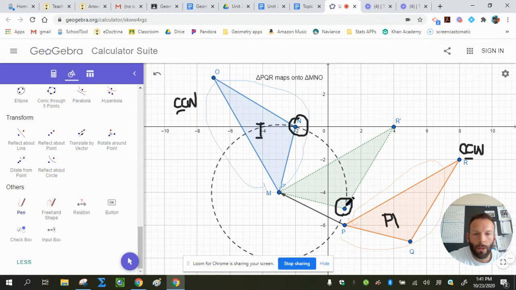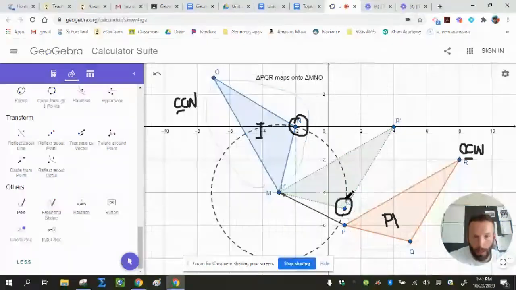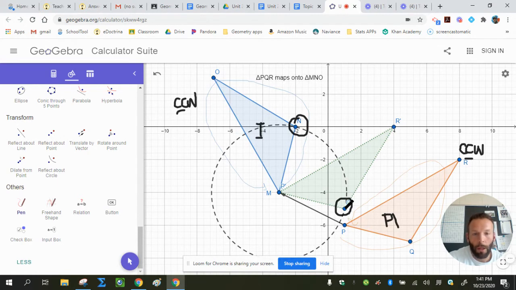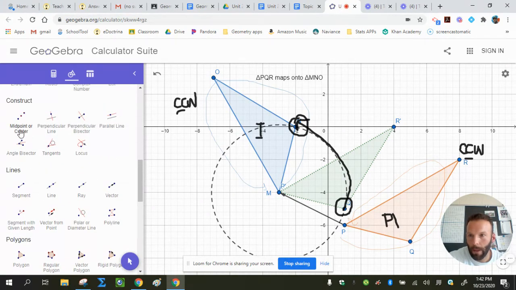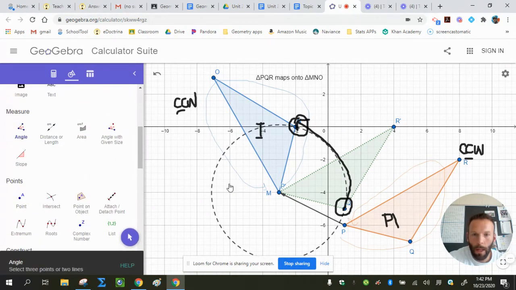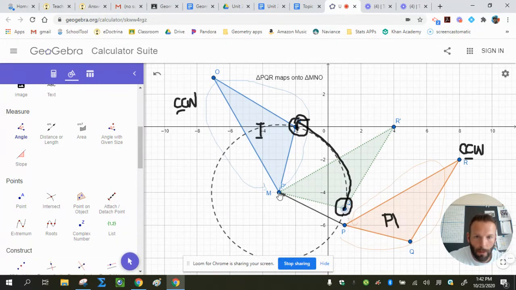The positive direction is always the counterclockwise direction. So I'm going to take point Q, go counterclockwise, that's this way, to get to point N. So how far is that rotation? Well, let's measure it to make sure we have an accurate measurement. Let's go to the measure tool and measure the angle from this point to this point to this point, and it tells me right there, it's a 90-degree rotation.